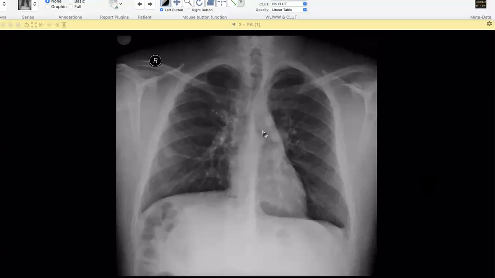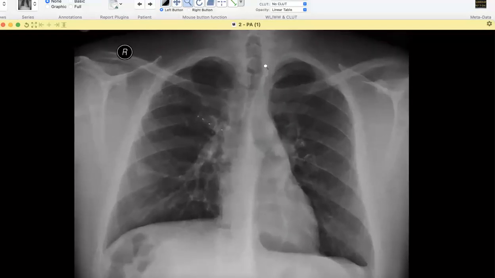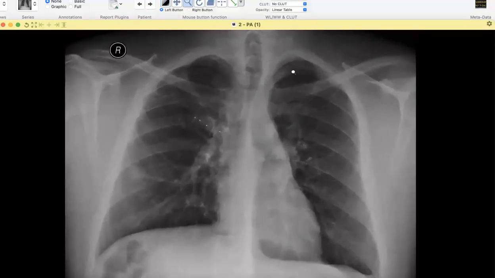The other differentials for a solitary pulmonary nodule could include a granuloma, tuberculoma, hematoma. Okay. What can you tell me about this artifact that we are seeing here?